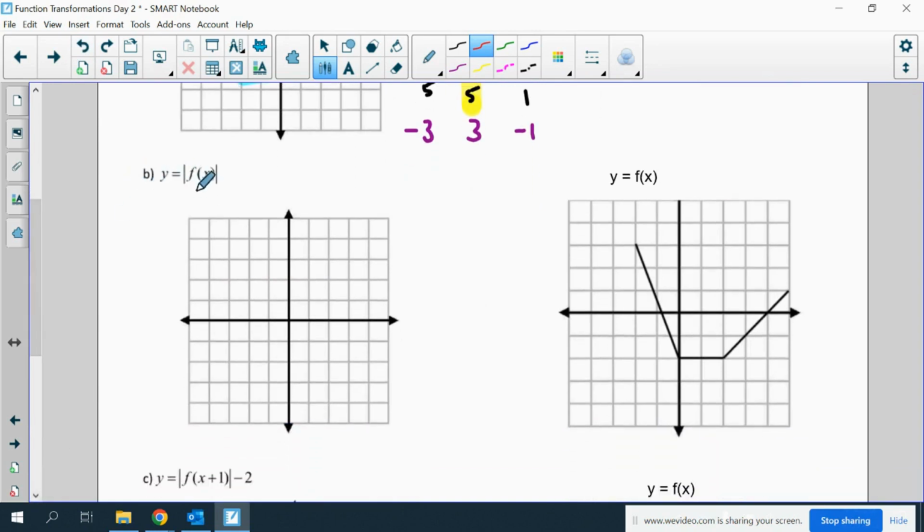Letter B is a lot easier for us to understand because we're just taking the absolute value of f of x. So what would happen if I take the absolute value of f of x is I just take the absolute value of whatever the y value is.